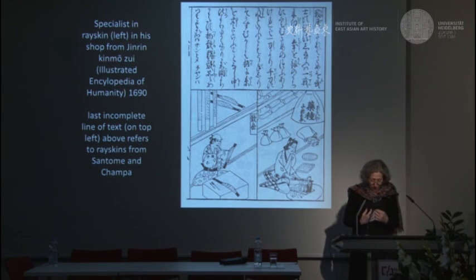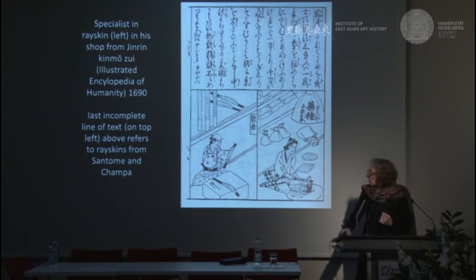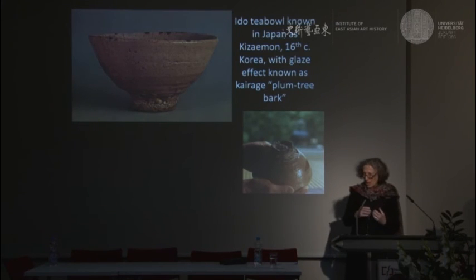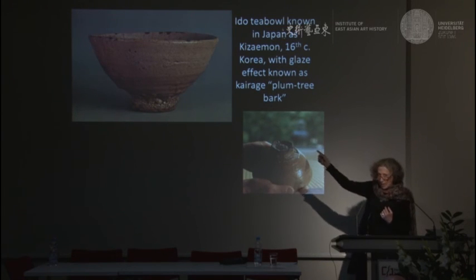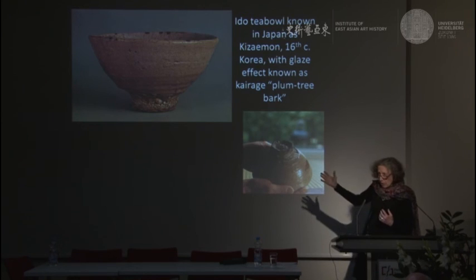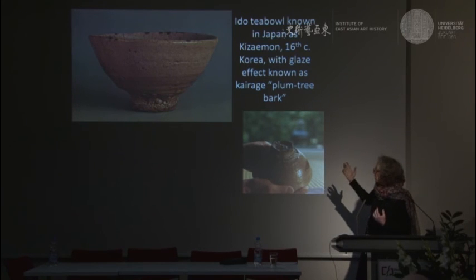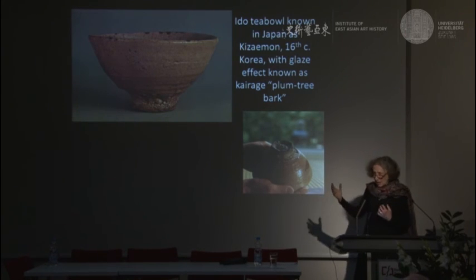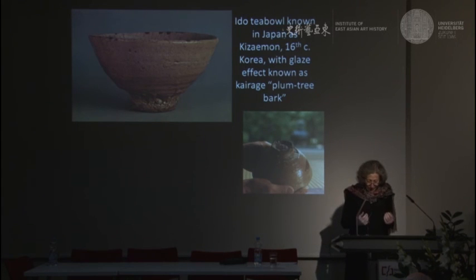Although its origins are unclear, the poetic kairage, or plum bark skin, was widely used to characterize ray skin. But this metaphoric language also was used in other media. So it was used to describe a particular kind of crawling glaze on Edo ware. So the famous Kizaemon tea bowl is often described as having a kairage glaze.